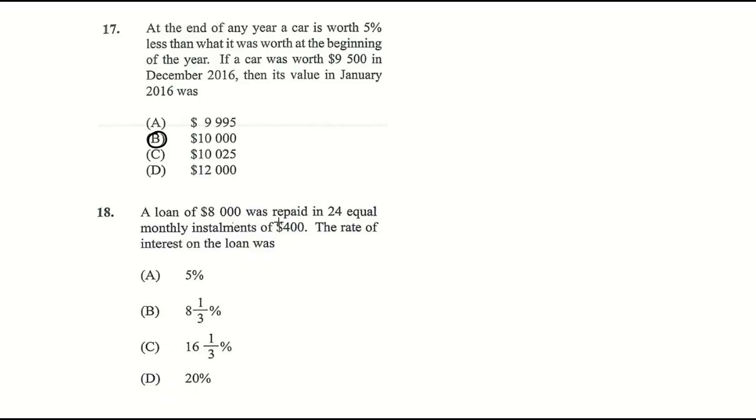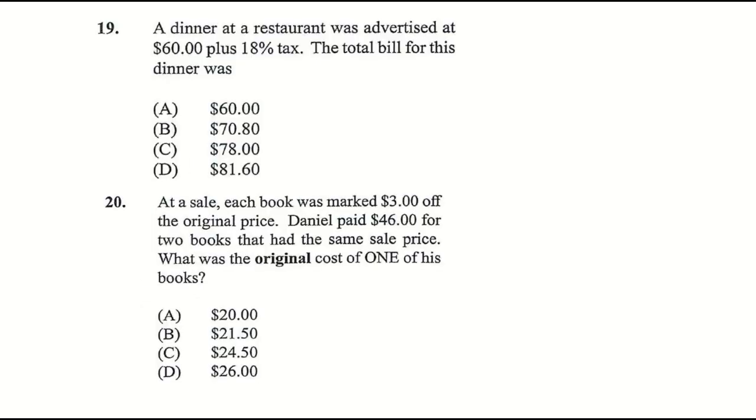Right? A loan of 8,000. This is our next repeated question. The interest was 1,600, and it was 1,600 over 8,000 multiplied by 100, which is 20%. Right, number 18, the dinner at the restaurant was advertised at 60. We just now did this question. We found 18% of 60, which was 10.80, and you got 10.80 plus 60 was 70.80.